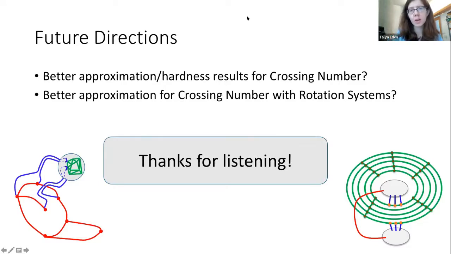Okay, so there's a question in the chat. What is the next natural approximation ratio barrier? Actually, it is ongoing work, and I'm probably not supposed to say much about it, but I think we are optimistic that we can get much better approximation compared with the current one.